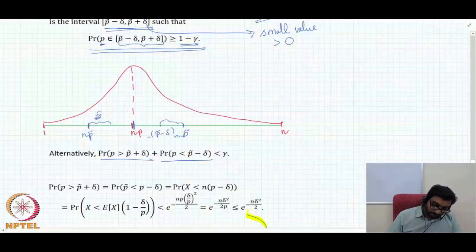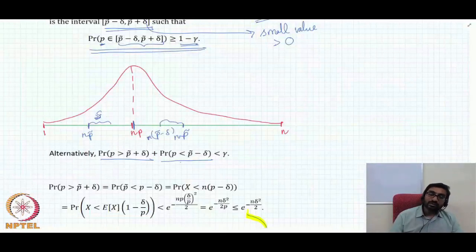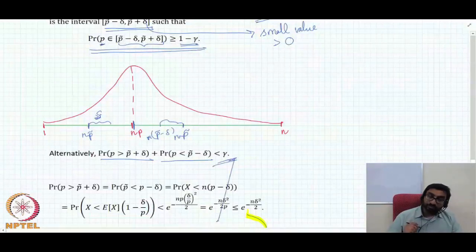Actually, there'll be an n, and p is still smaller than that, and that's captured by this term. These are the two ways in which p tilde can be too far away, and the probabilities of these two events, when summed up, should be at most some small gamma.